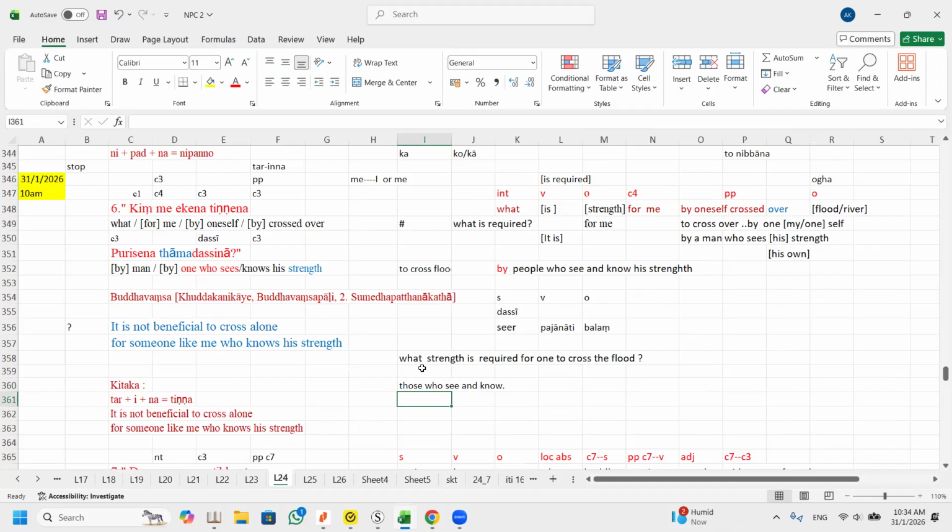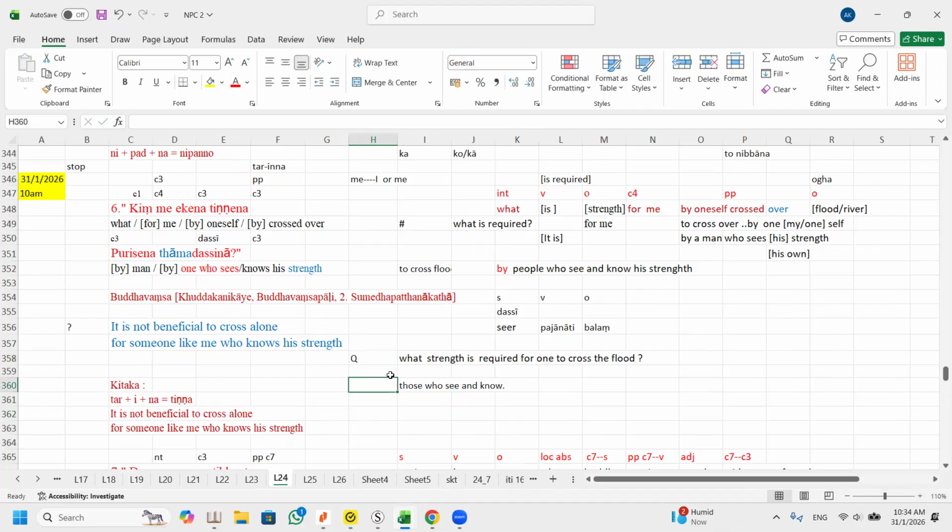What strength is required for one to cross the flood? The answer is those who see and know. So if you want to translate this line, it will end up like that, because this is the question, this is the answer. This is Q and A.